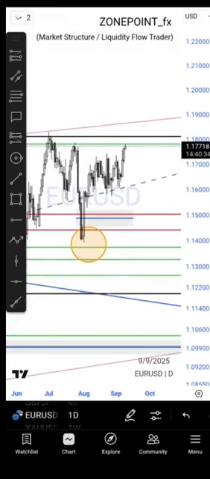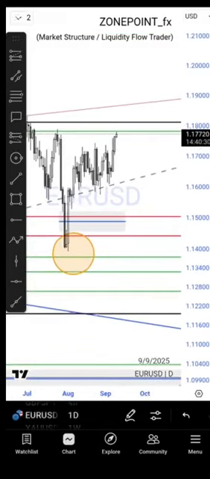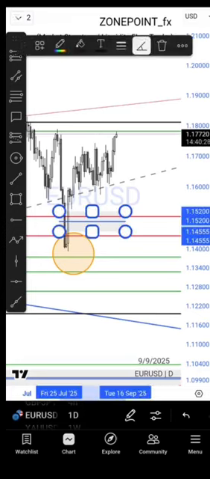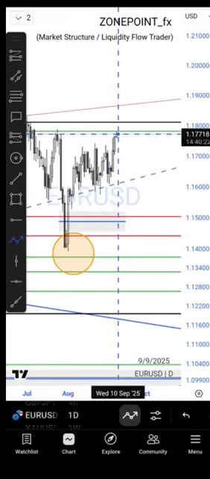So if I want to target my first TP, I'll be targeting this place here, this liquidity here, because our whole initial trend is buy. We are just doing a sell counter trade, so we need to be very careful when doing a sell counter trade, so that we won't be selling when we are supposed to buy.